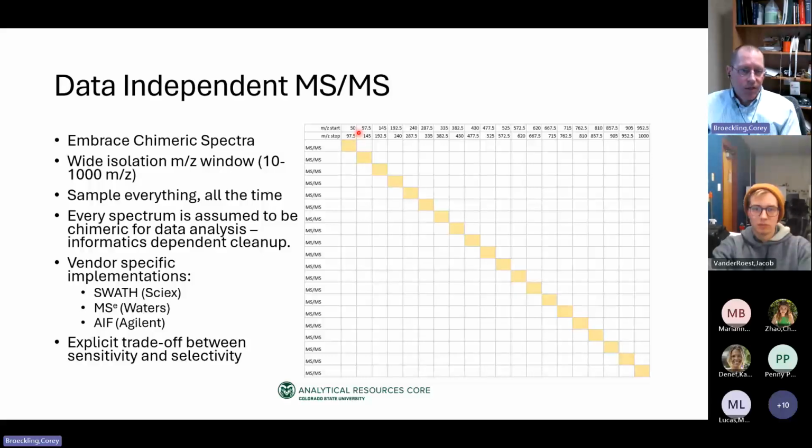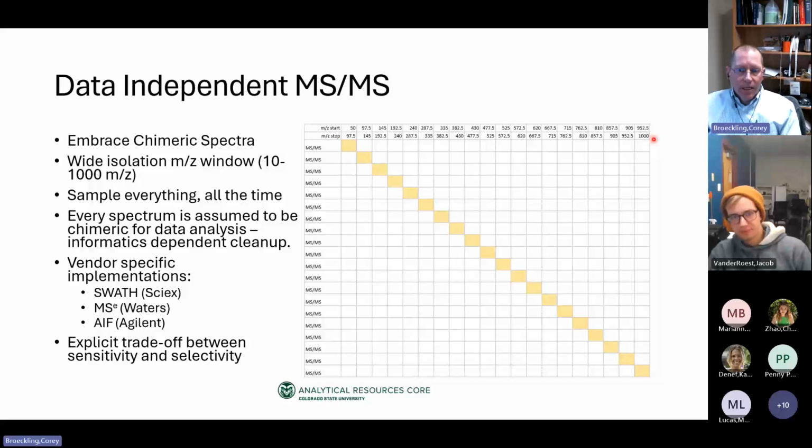It could be as much as 50 or 100 or 1,000 mass units. And so we accept these wide windows, acknowledging that all of the fragmentation spectra are going to be chimeric. But in setting it up this way, we scan all of the precursors between 50 and 1,000 every scan cycle.